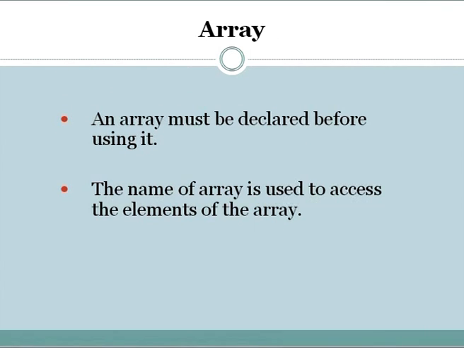An array must be declared before using it. The name of array is used to access the elements of the array. And this symbol is called array symbol. An array can be of any data type.